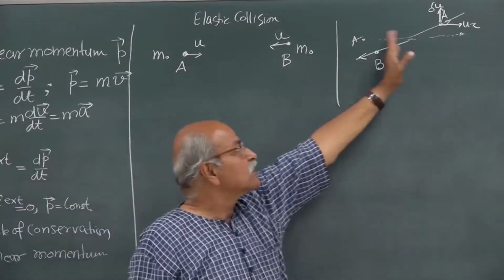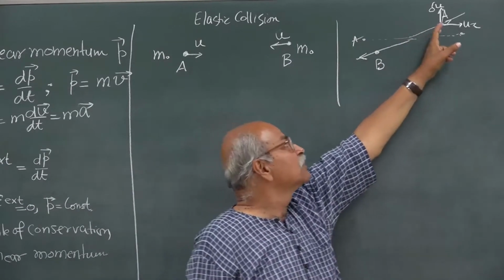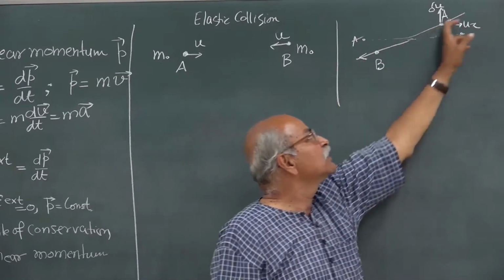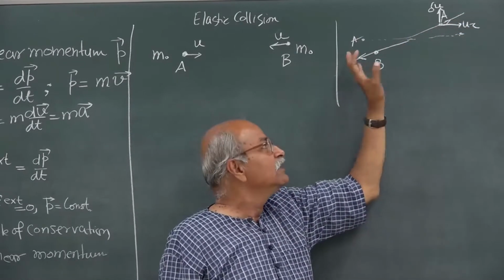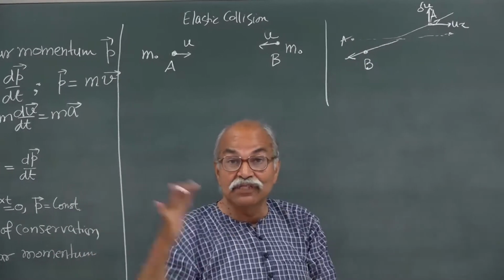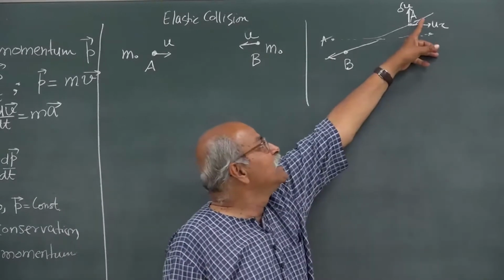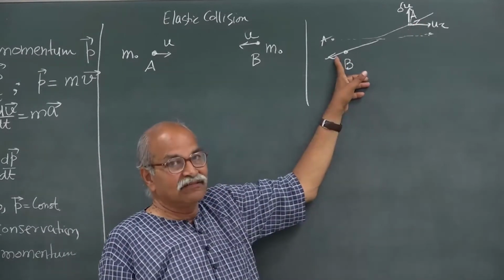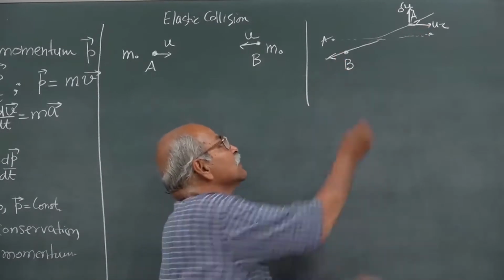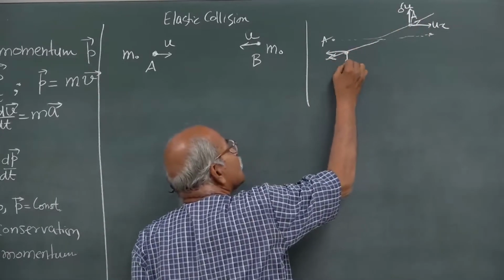So, here also linear momentum should be 0 in x direction and y direction, and therefore, these two should again be opposite each other, on the same line, so that the linear momentum vector when added may give you 0, and the two magnitudes should be equal, and therefore, the speed here should be equal to speed here, and this component should be equal to this component, and this component should be equal to this component.